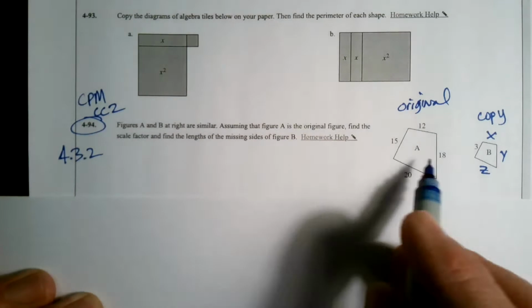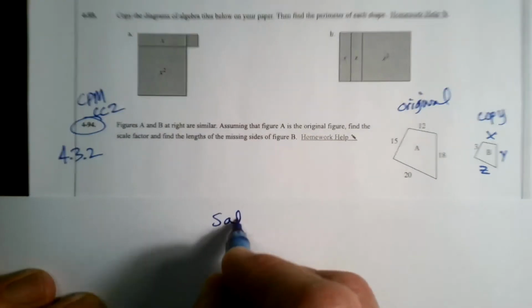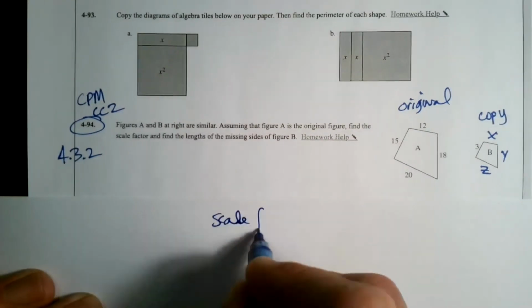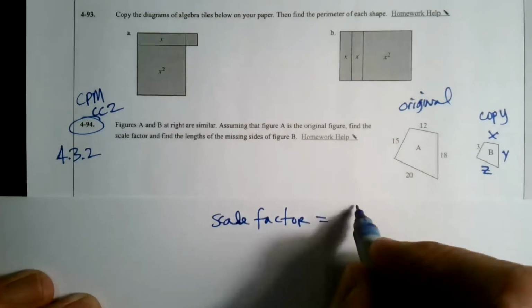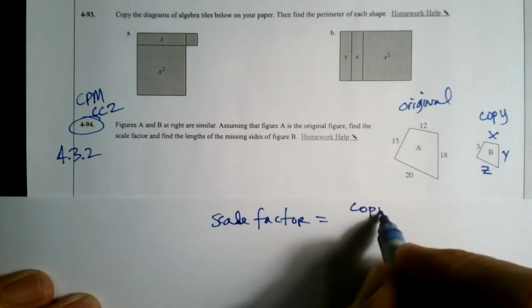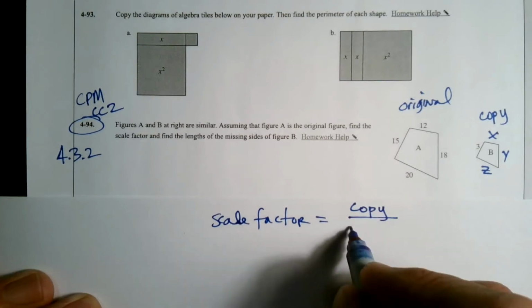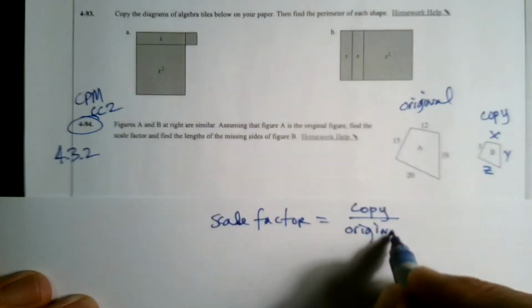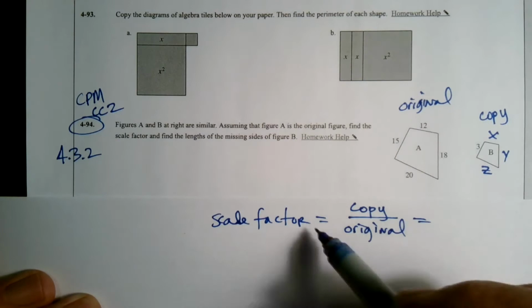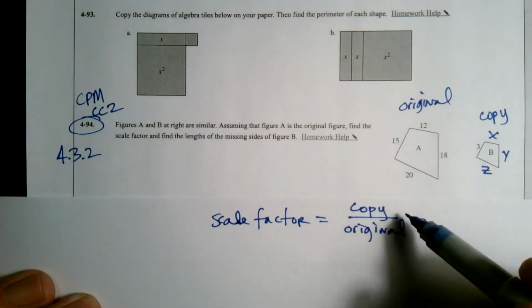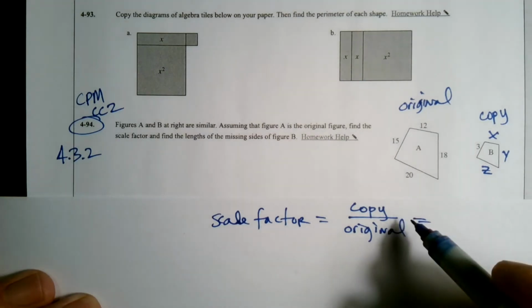I can find that scale factor because, remember, scale factor is always the copy over the original. That's how we find the fraction that represents scale factor, and it has to be with corresponding sides. That's the big piece.